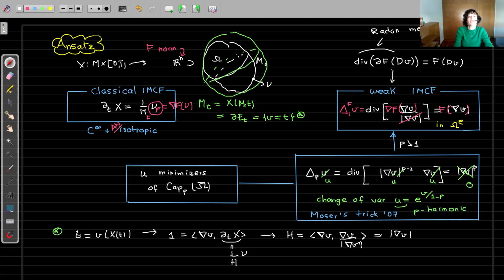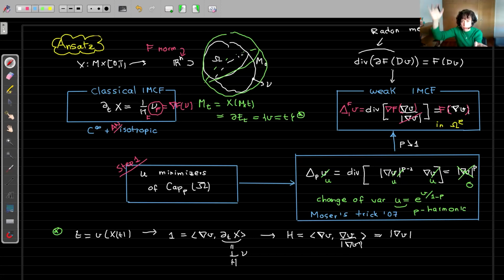And hence the idea of Moser is that in step one, you study existence and characterize minimizers of the p-capacity, and then you go back. So then you go back and do the change, take the limit, and what you get in the limit is a level set solution of the inverse mean curvature flow.